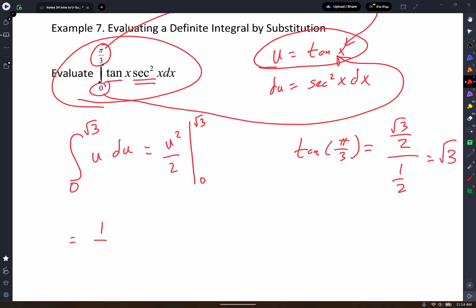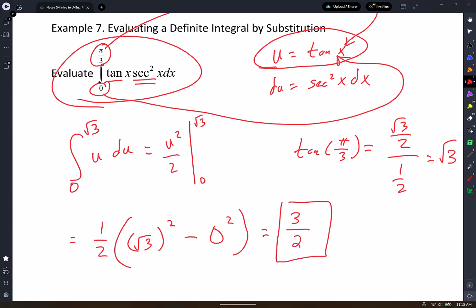Here it is. 1/2 factored out, parenthesis, square root of 3 squared minus 0 squared. I just put the 0 there for formality. Upper minus lower. So it would be square root of 3 squared over 2. Well, square root of 3 squared is what? It's 3, so it'd be 3 over 2. She actually did say it right because she said square root of 3 squared, which is 3 over 2.